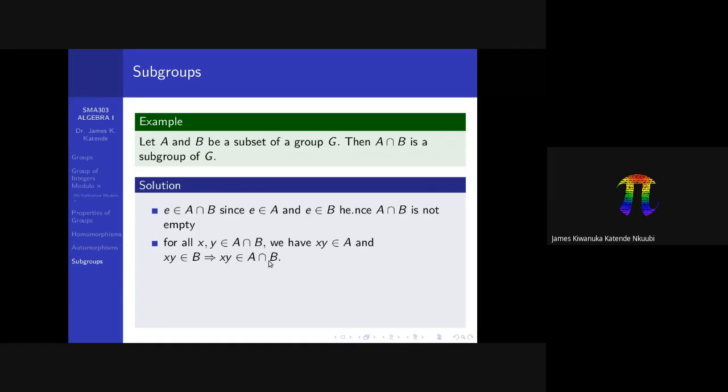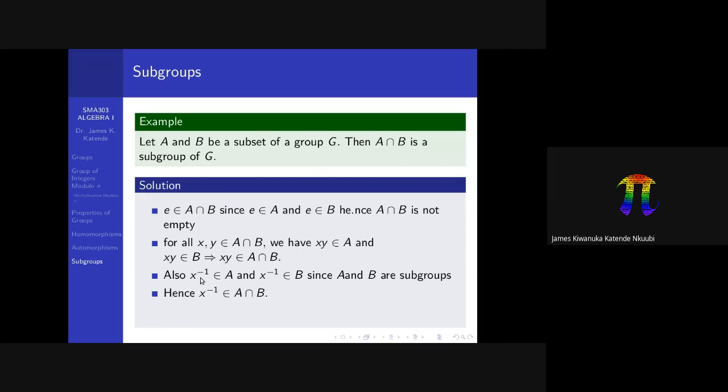And we can conclude that for any two elements X, Y in the intersection, their product will also be in the intersection. So the other thing is we need to check that if you pick any element, its inverse must also be in the intersection. And since A and B are both subgroups, if X is in the intersection, then the inverse of X must be in A, since A is a subgroup, and the inverse of X must also be in B, since B is a subgroup as well.